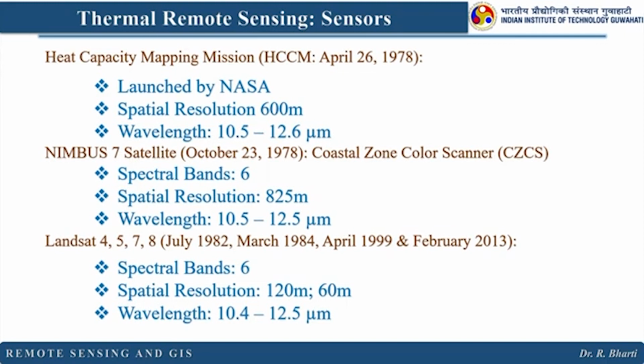Then Landsat 4, 5, 7, 8. Now we have Landsat 8 recently launched, which was launched in February 2013, and this is one of the very popular data which is used in thermal remote sensing. So it has many other bands, but the thermal bands are very useful.